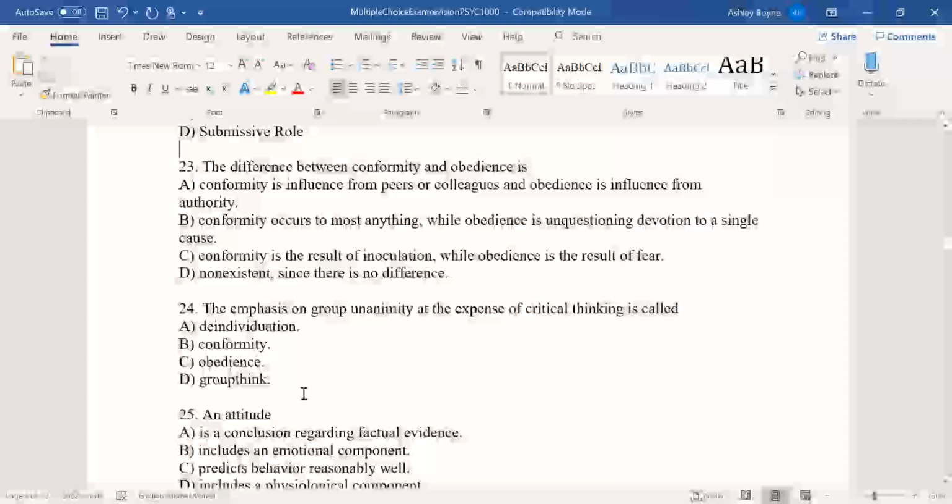I don't exactly remember the percentages and the statistics of it, but a lot of the participants actually chose the obviously wrong answer just because the rest of the group was saying it. All clear on that one? Great, lovely. So number 19 is B, Asch.